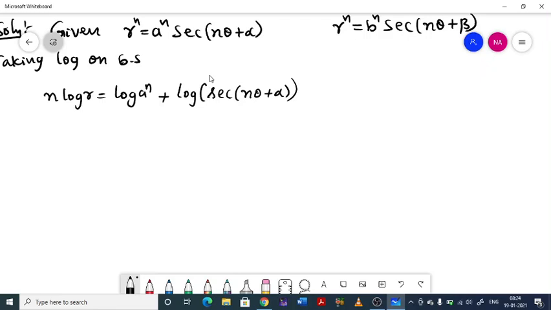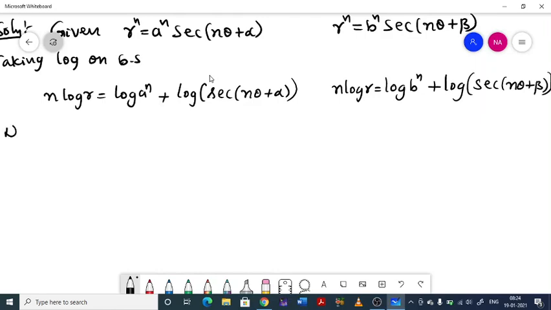And here n log r equal to log b power n plus log of secant of n theta plus beta.